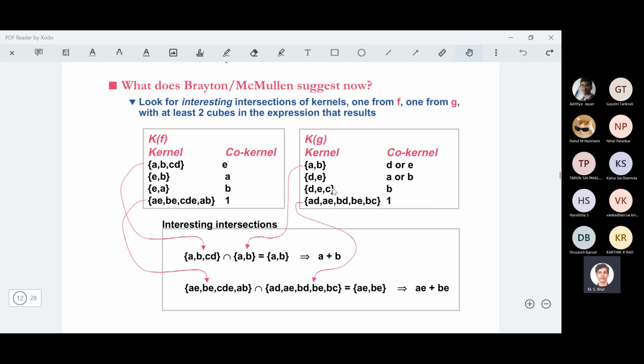We are actually intersecting these two kernels, and the intersection need not be a kernel, but this happens to be a common multiple cube divisor for F and G. Okay. So that is the idea. We are looking at common multiple cube divisors for the two functions.